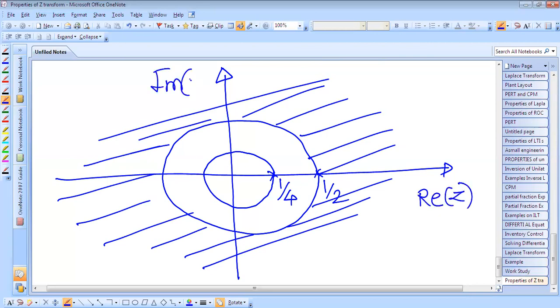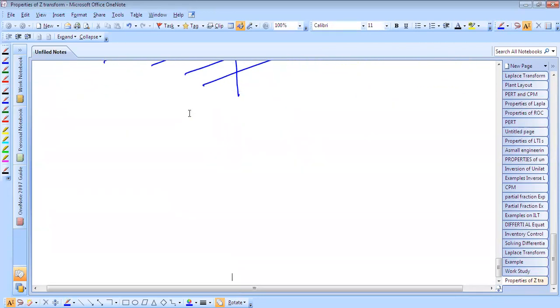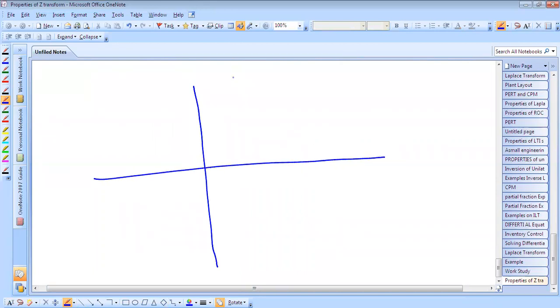This is the real part of Z and the imaginary part of Z. So this is 1/4 and the maximum is here, 3/2.